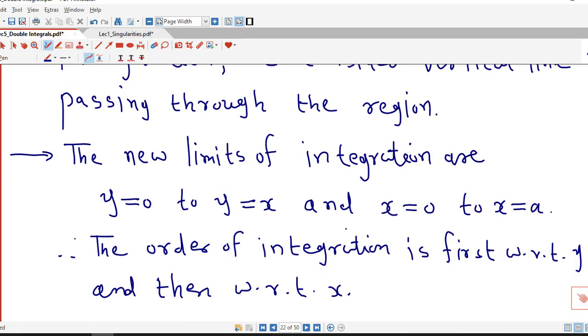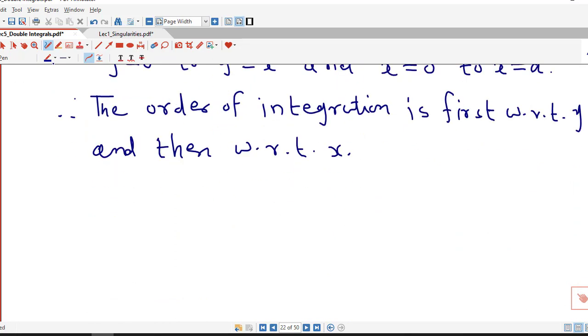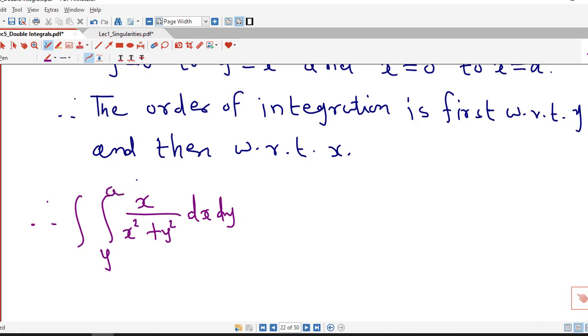So now we have changed the order of integration, so we can write that the given double integral of x over x square plus y square, given order was dx dy, limits were y to a and 0 to a. After changing the order of integration, we have written the equivalent integral.